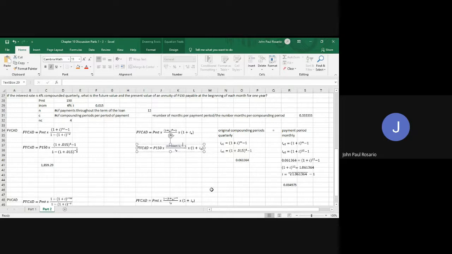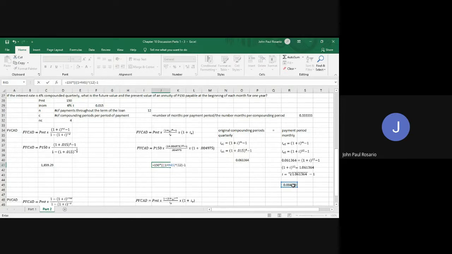Our N is 12. So we have 150 multiplied by 1 plus our equivalent interest rate per period, 0.004975, raised to 12.